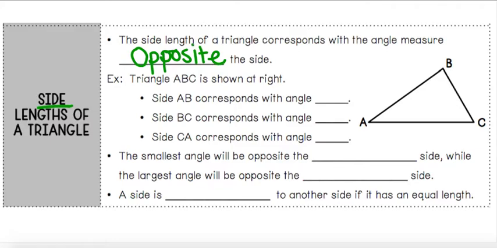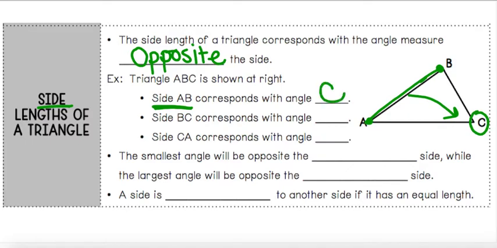Okay, over here we have triangle ABC. All right, and it says side AB corresponds with what angle? Well, again, let's see. We have side AB. The way it's written, I look at this side between A and B. That's the side, and it says it corresponds with the angle opposite. So the angle opposite is angle C. Right?